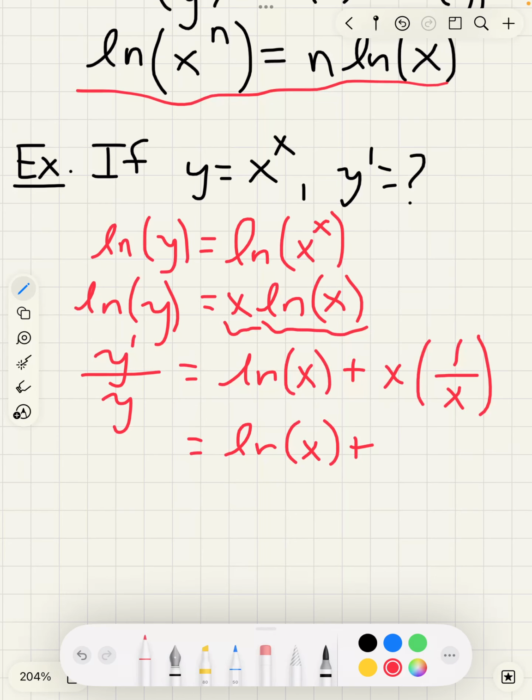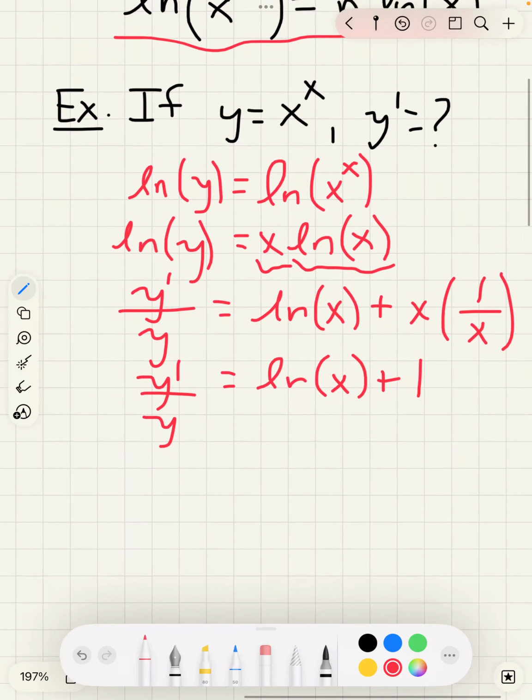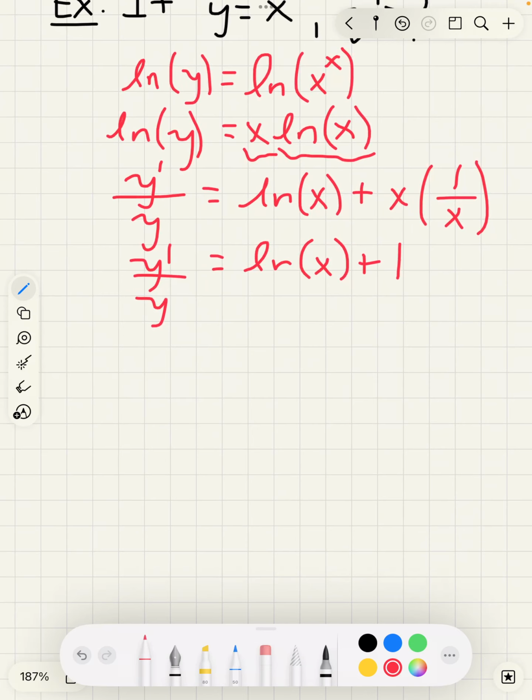So if I want to solve for y prime, or the derivative of y, I just need to multiply both sides of the equation, or every term in the equation, by y. So on the left, that's going to leave me with just y prime.